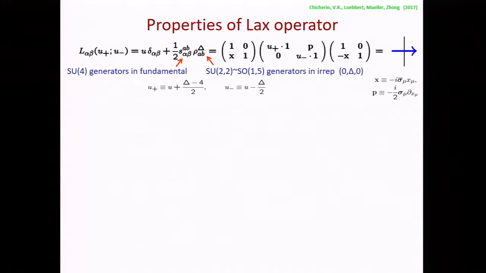And then these X and P are contractions with Pauli matrices. So each element here is a block 2 by 2, so it's a 4 by 4 matrix.